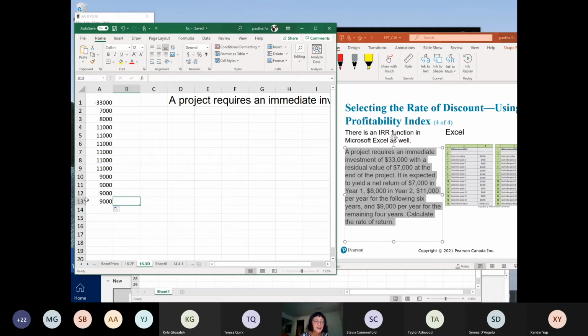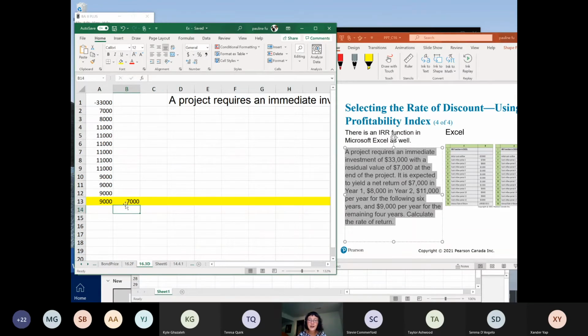But the last year is here. This is the last year. Okay. What happened in the last year is that you also have a residue. Where is my residue? See, the residue of 7,000 also happened in the last year.